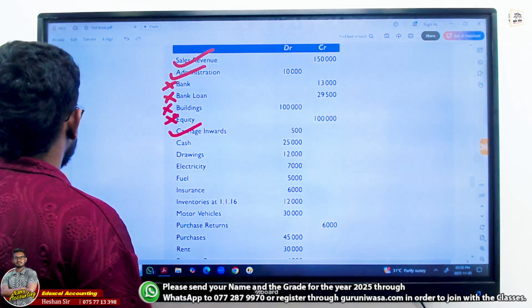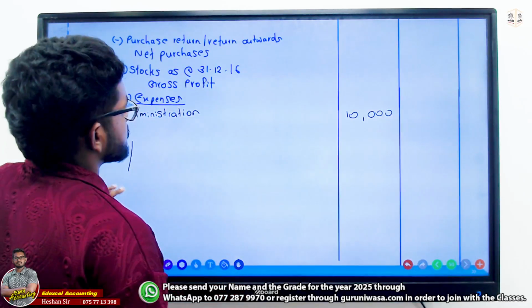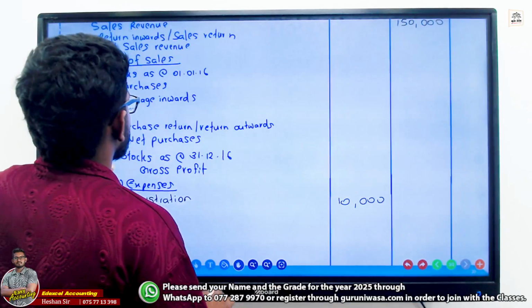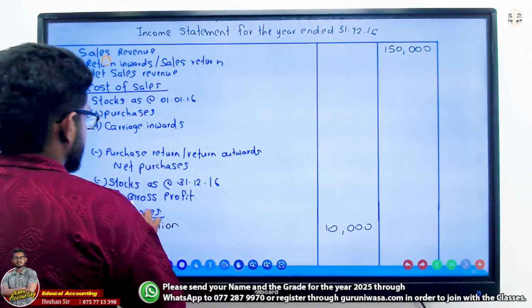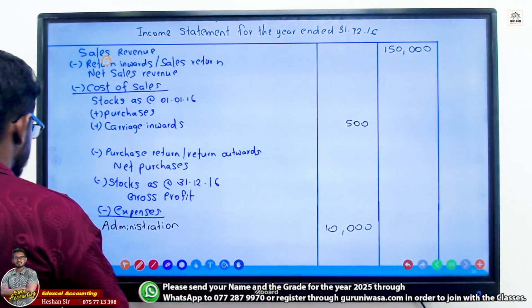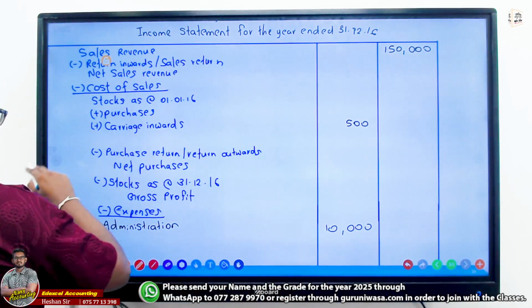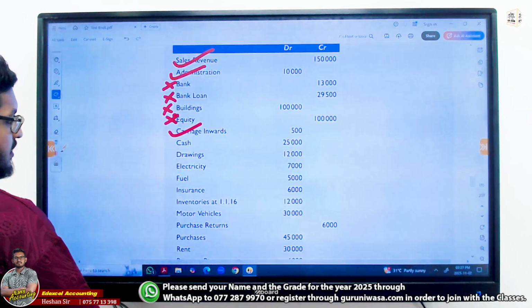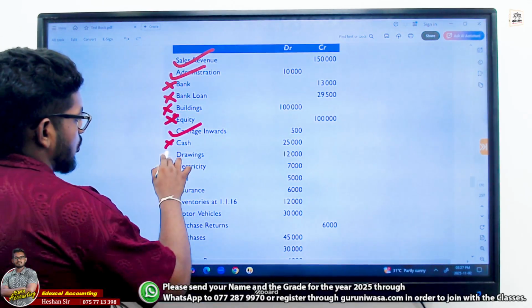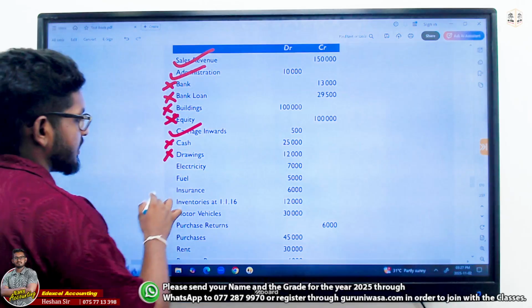There's a separate space to write carriage inwards, so we write 500 under here. Cash balance we are not taking. Drawings come under equity, we are not taking.